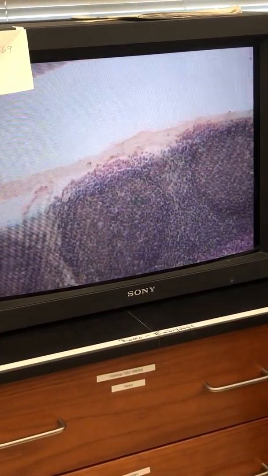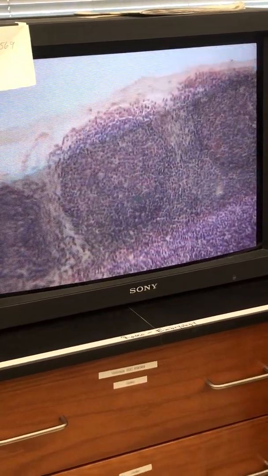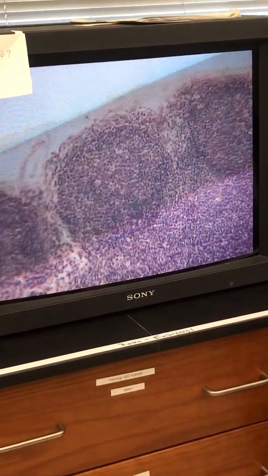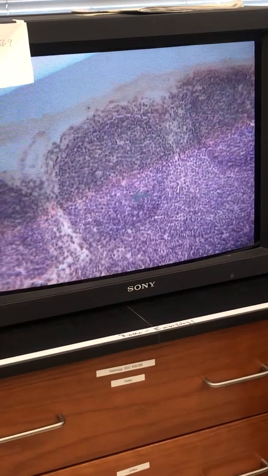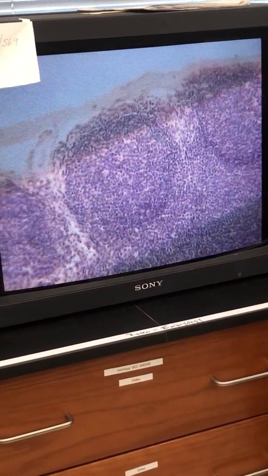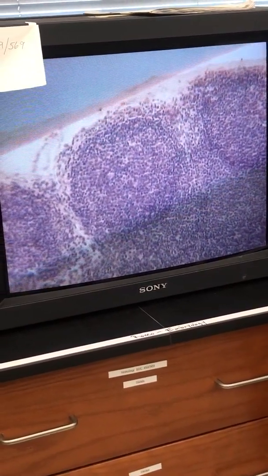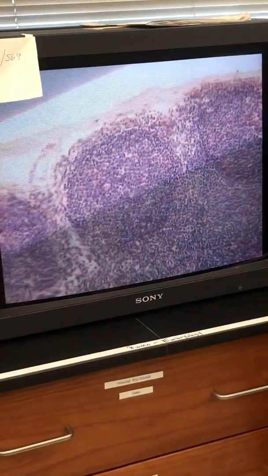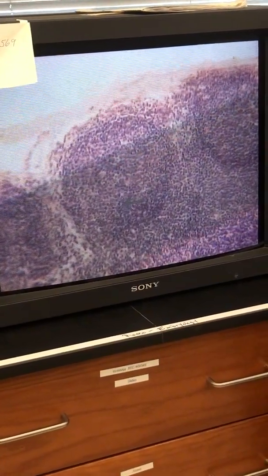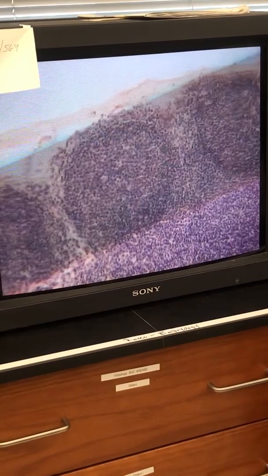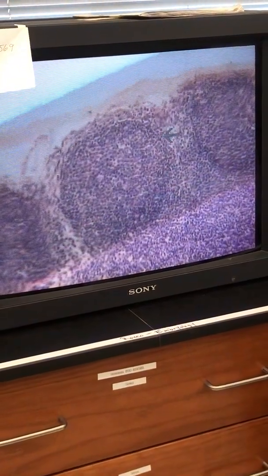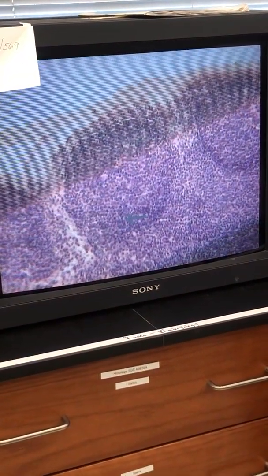And then you don't even see the mantle zone, because it's not differentiated, since you don't have a lighter colored germinal center. So you're just assuming that your T lymphocytes are sort of around the edge of this.